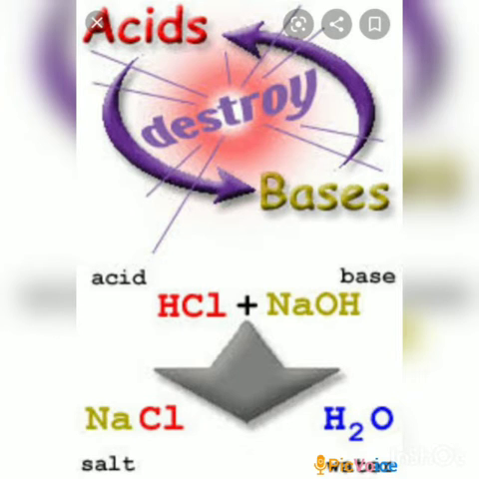Neutralization reaction is the reaction between an acid and a base which results in the formation of salt and water. In this reaction, both acid and base neutralize each other and they form salt and water, which are generally neutral products.